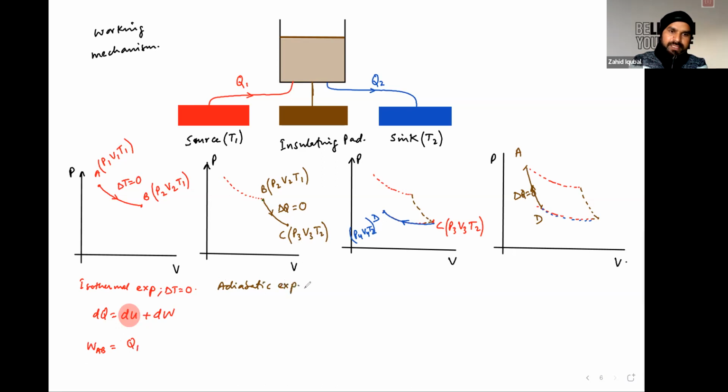In the second part, it is going through adiabatic expansion. Delta Q in this part is 0. So according to the first law, dQ equals dU plus dW. There is no supply or ejection of heat in this part, so dQ will be 0.